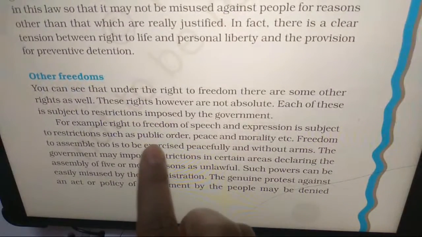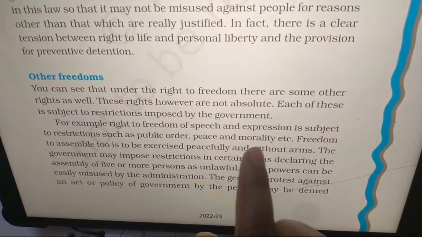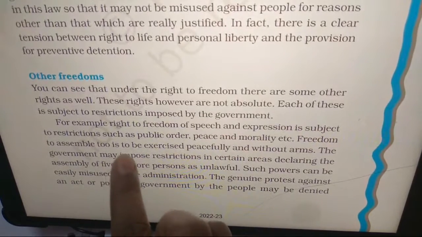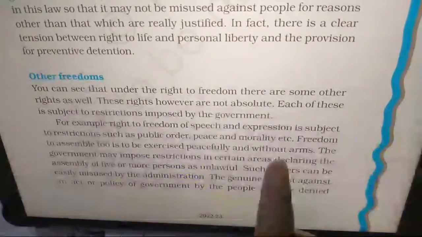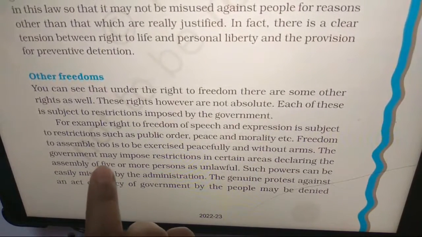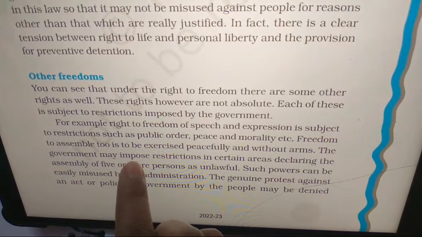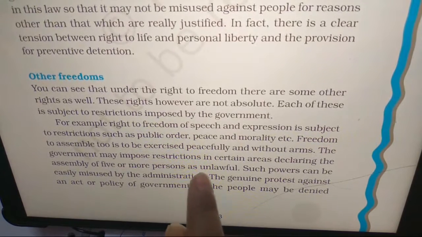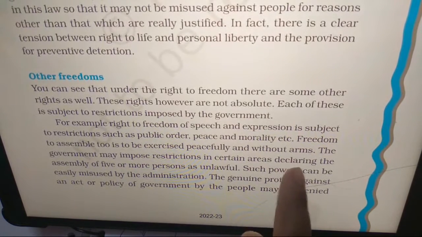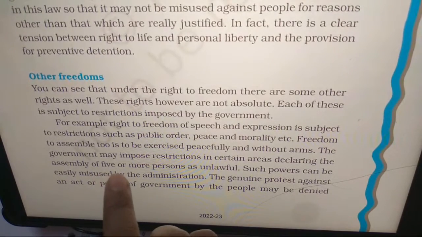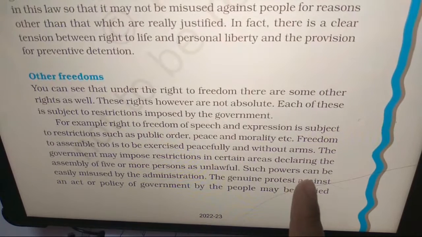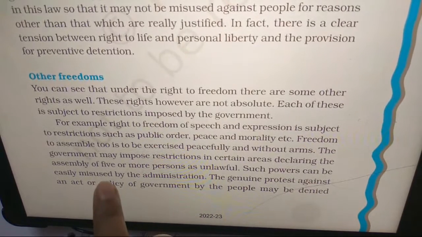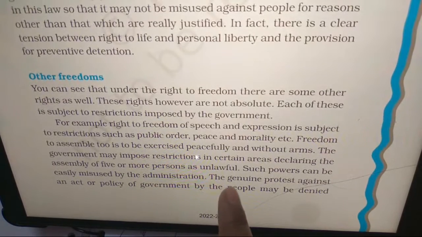For example, the right to freedom of speech and expression is subject to restrictions such as public order, peace and morality, etc. Freedom to assemble too is to be exercised peacefully and without arms. The government may impose restrictions in certain areas, declaring the assembly of five or more persons as unlawful.